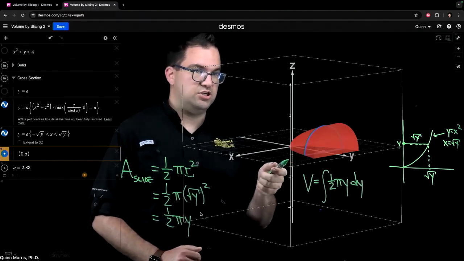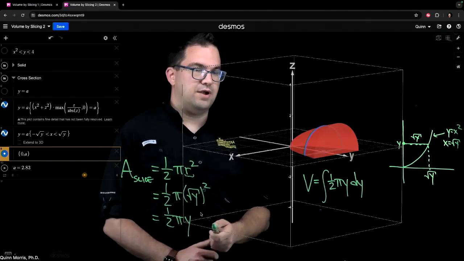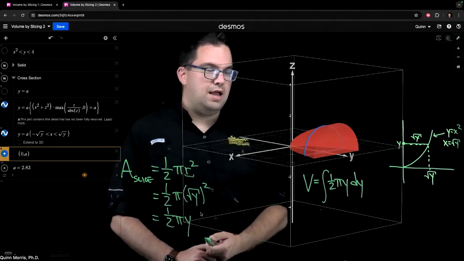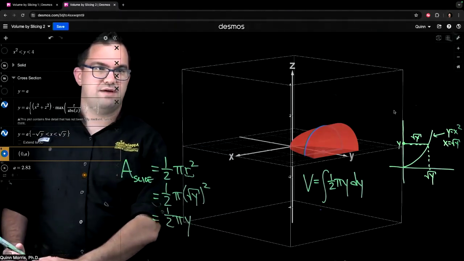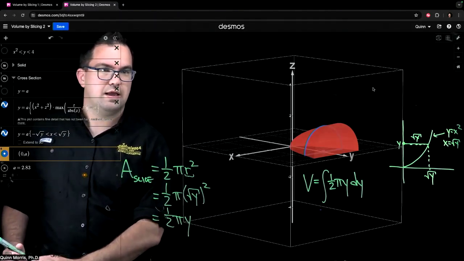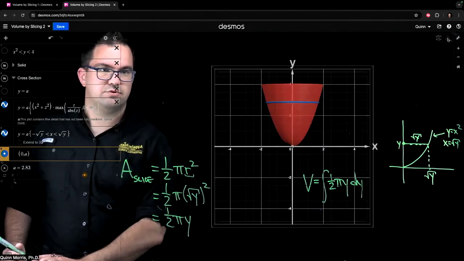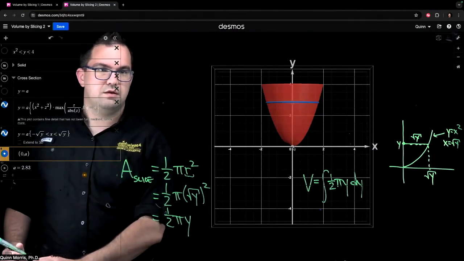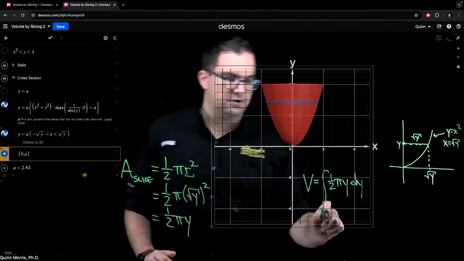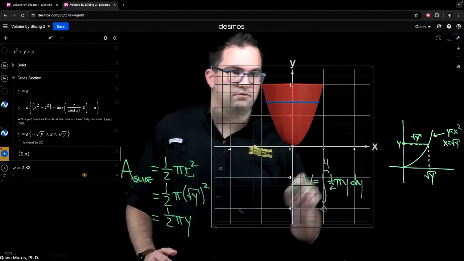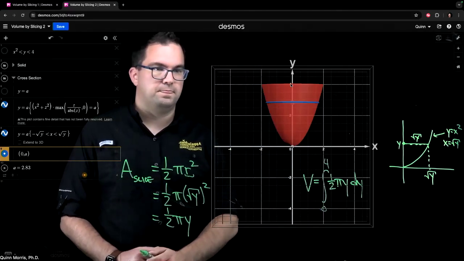I'm ranging over my slices in the direction of y. And now I just need to know what y values they range from. If I switch back to this 2D view, my y values are ranging from 0 up to 4. So I ought to integrate from 0 to 4.